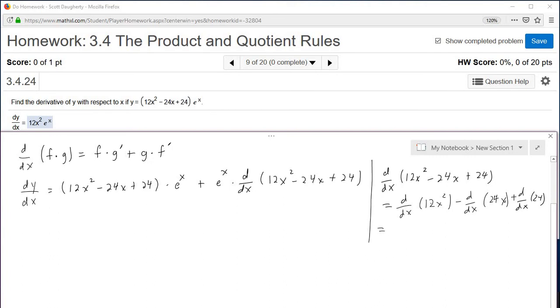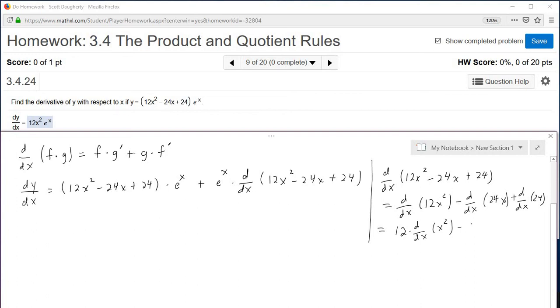Okay, so you're allowed to break up derivatives across subtraction and addition. And then you're allowed to pull constants outside the derivative operator. So this first one, I can pull the 12 outside the derivative operator, since 12 is a constant. So the derivative of 12x squared is the same as 12 times the derivative of x squared. And then minus the derivative, I can do the same thing here.